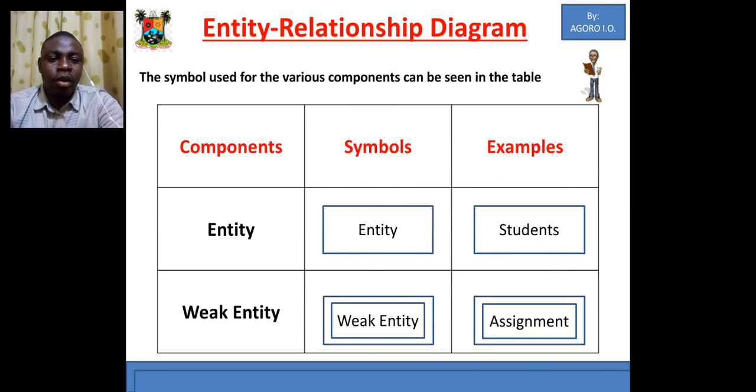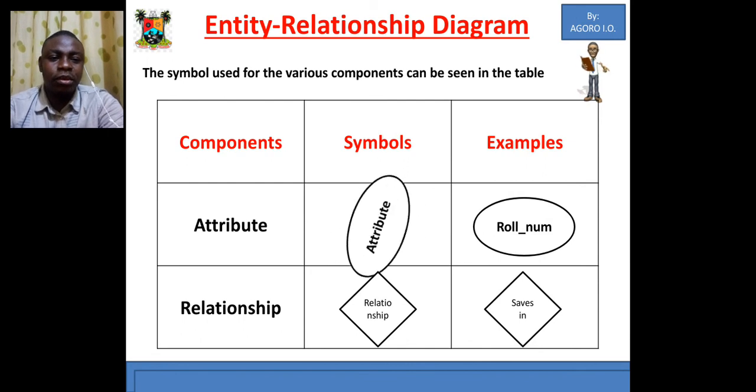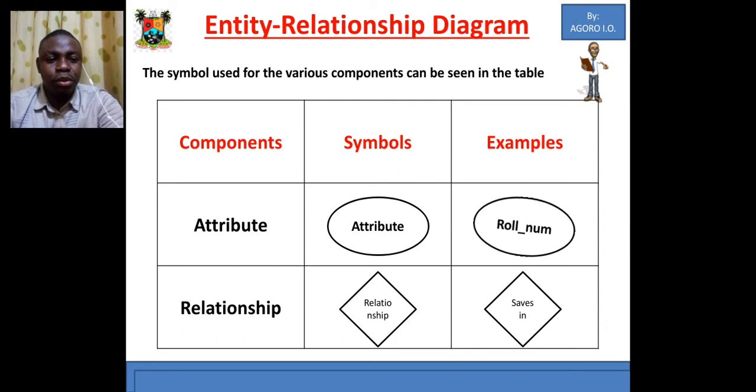Now let's look at the one we use to represent attributes. We use an ellipse to represent attributes. An example is roll number. So we use a rhombus to represent relationship. An example is saves in.